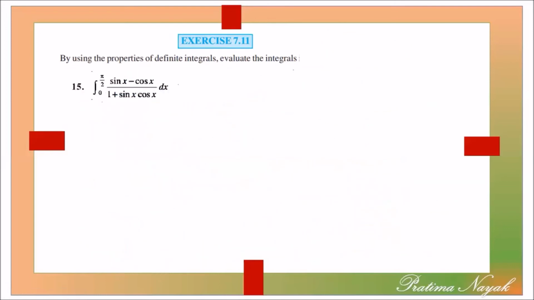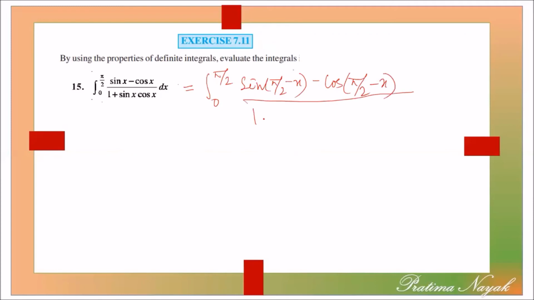Next, 15. Integral from 0 to pi by 2 of (sin x minus cos x). So it is a very familiar question. Just use sin of (pi by 2 minus x), here minus cos of (pi by 2 minus x), and in the denominator 1 plus sin of (pi by 2 minus x) into cos of (pi by 2 minus x).